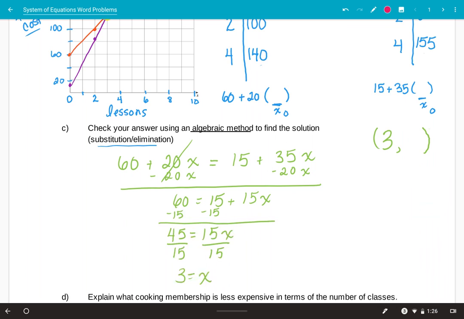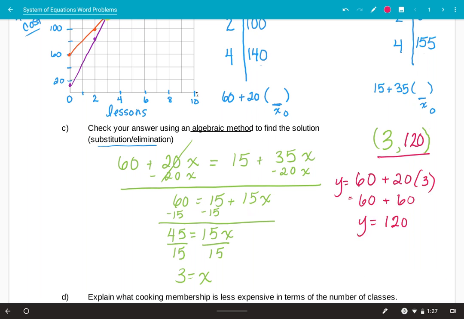And I'm thinking that the 60 plus 20x is going to be a little bit easier. So I'm going to go y equals 60 plus 20 times 3. 20 times 3 is 60, 60 plus 60, and y is going to be 120. So at 3 classes, both memberships are going to be the equal amount.